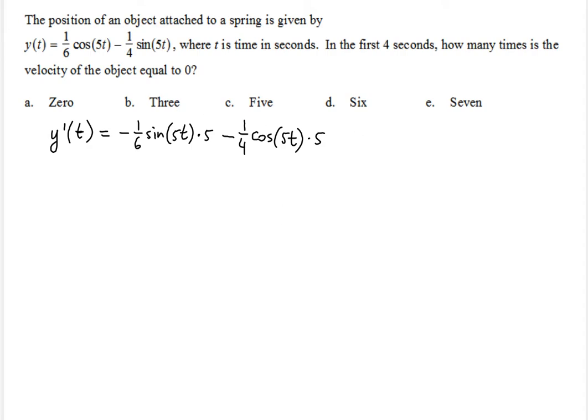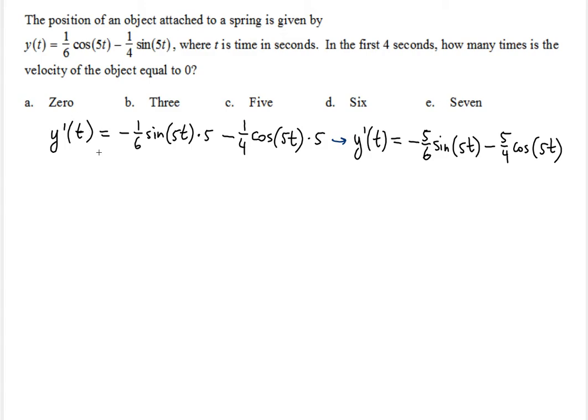So what we're getting is this: y prime of t is equal to minus 5/6, because we can bring the 5 here, so minus 5/6 sine of 5t, minus, now 5 we can bring there as well, so minus 5/4 cosine of 5t. That will be the velocity function that we just derived from the position function.